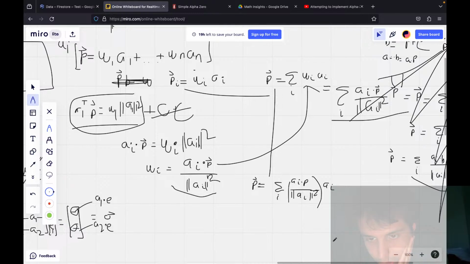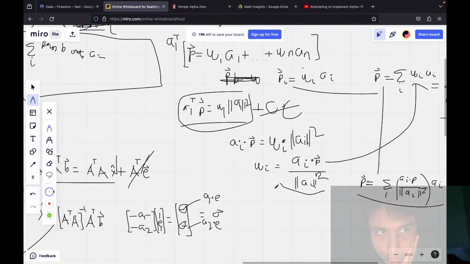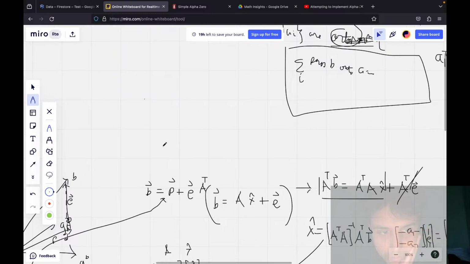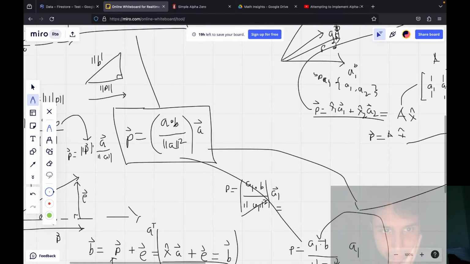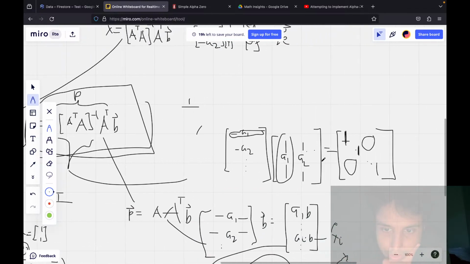So one set cancels, and that's the norm. So this is basically saying the 1D case, which we derived right here. If we replace all the A's with AI, then this is the 1D case where we're just projecting B onto A. Similarly, this is the same thing.